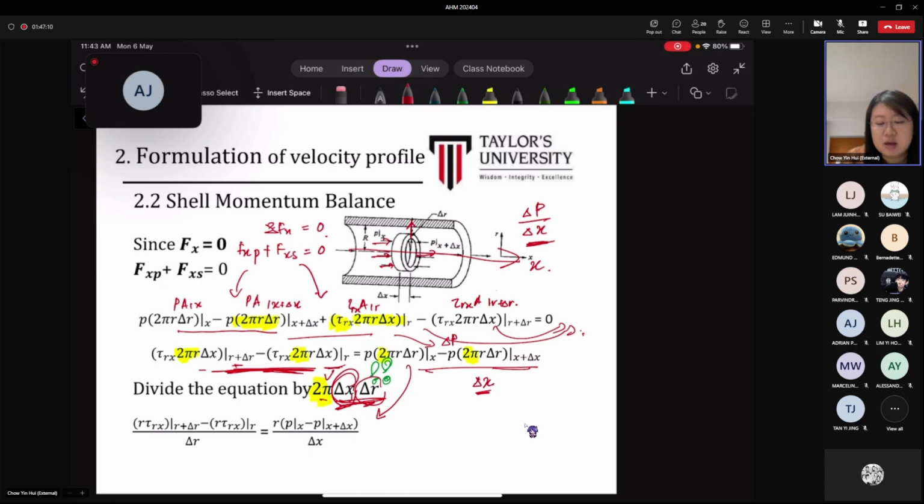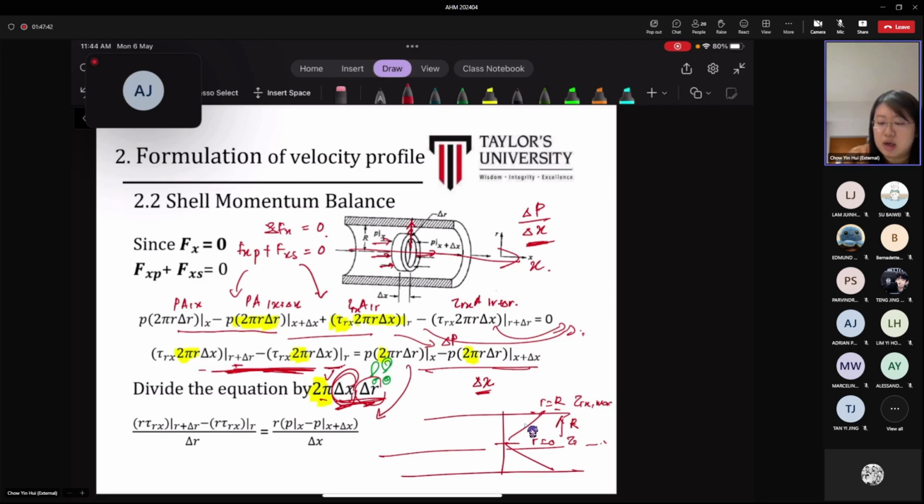Okay, all right. Now, as for the shear stress, when we draw the momentum flux profile, this is the radius of the pipe. You can see that the momentum flux or the shear stress varies with the distance from the center of the pipe, where you have maximum shear stress at r equal to the radius of the pipe.